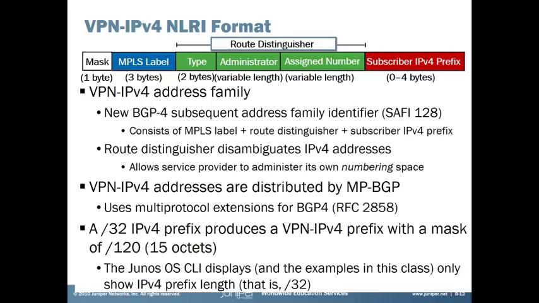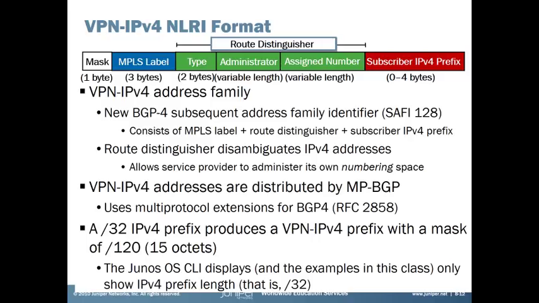So what happens is this new route is what's called a BGP4 subsequent address family identifier, or the actual protocol is AFI 128. Okay, so we end up with this new route, which is being created by the PE router.